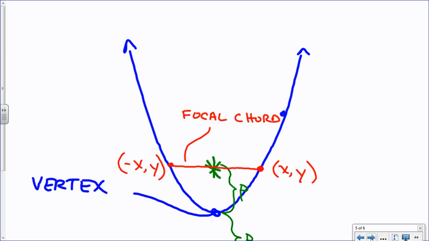So the focal chord goes through your focus and then has endpoints. That's why it's called a chord. It has endpoints on the parabola.